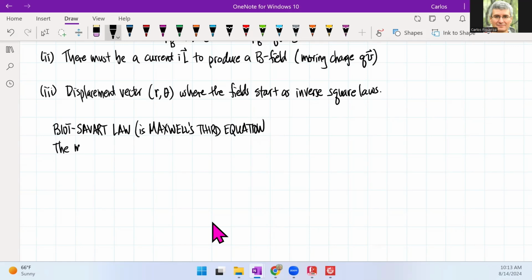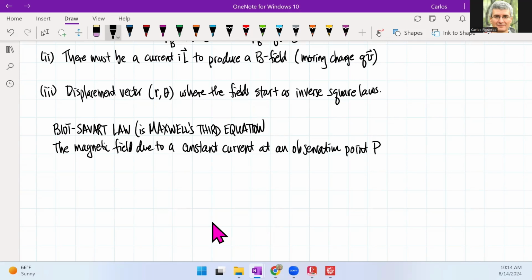The magnetic field due to a constant current in a conductor, let's say, at an observation point P is this, where B is going to be mu naught over 4 pi, the integral of I ds cross r hat over r squared.